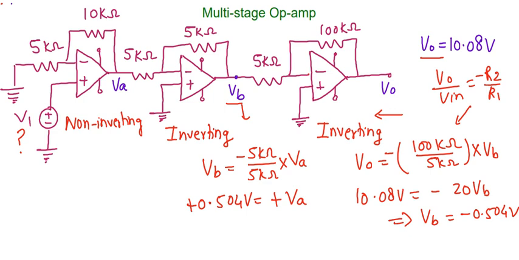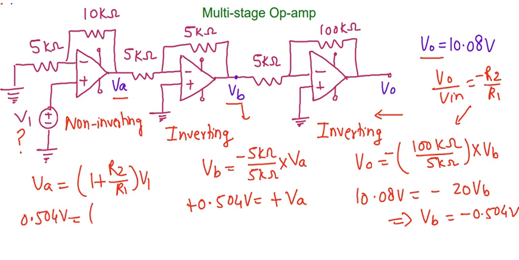Since the first amplifier is a non-inverting amplifier, the formula will be VA, because VA is the output in the case of the first amplifier, equals 1 plus R2 by R1 times the input V1. Here VA is already determined as 0.504 volts, so it will be 1 plus R2 value 10, R1 value 5, times V1.